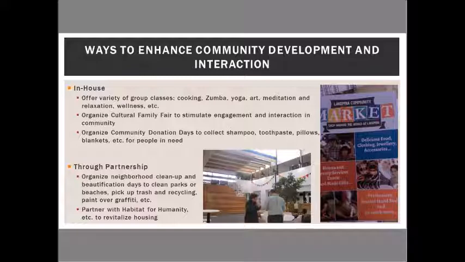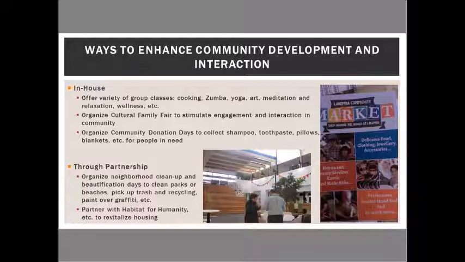I think theater is a little bit of a stretch, but a community arts station as well, where kids or schools can do some of their performances, and that's a great way to integrate with the community. And then on the right, a community has organized a market where goods developed by community members are sold, and it's also a cultural exchange. So just some ideas of things to do.